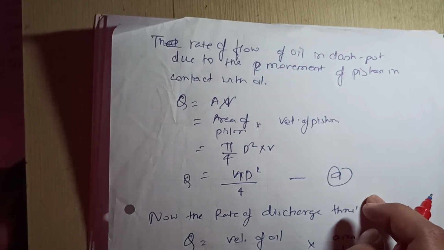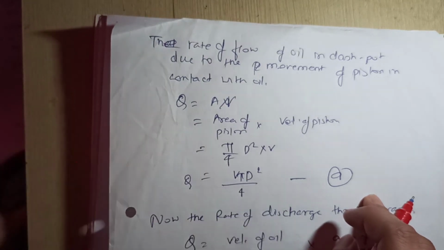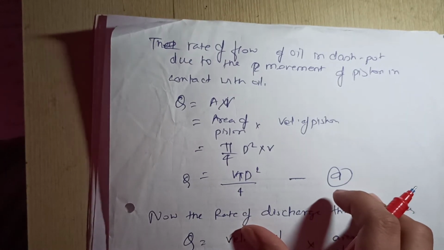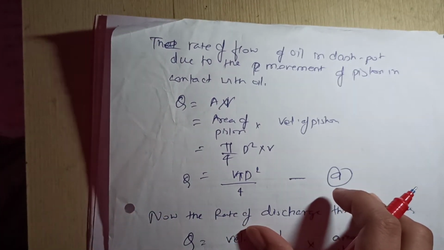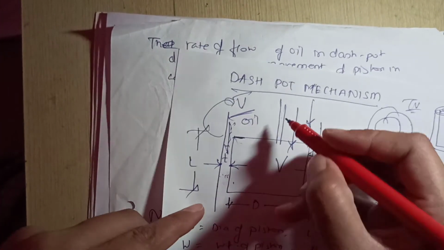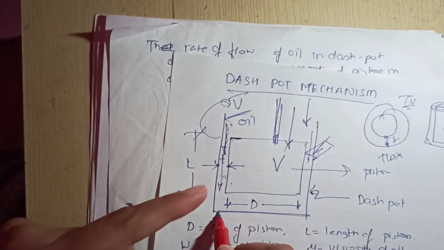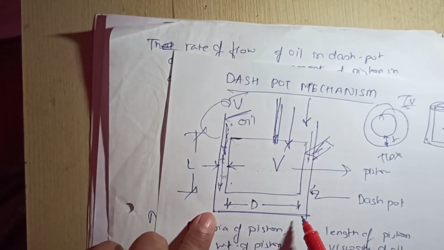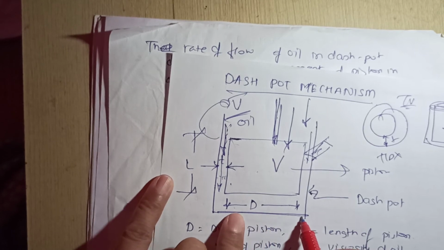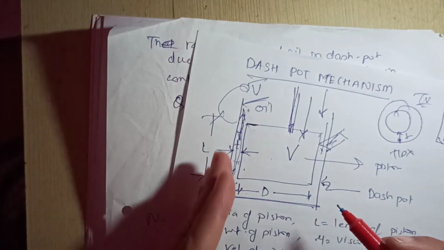When the piston moves forward, the oil would move in the opposite direction if one end of the dashpot were closed; as the piston moved inside, the oil would move out.